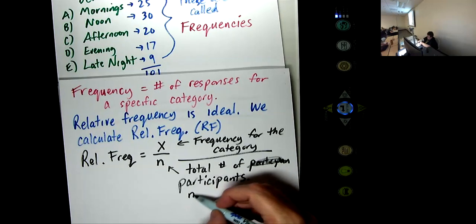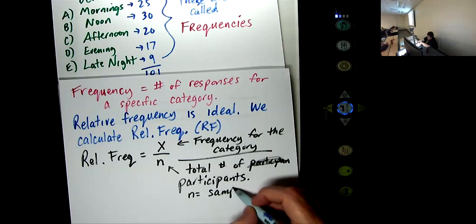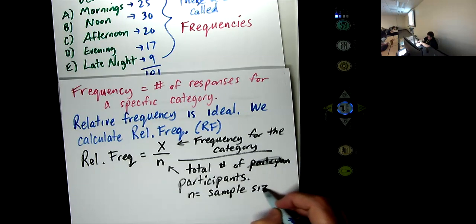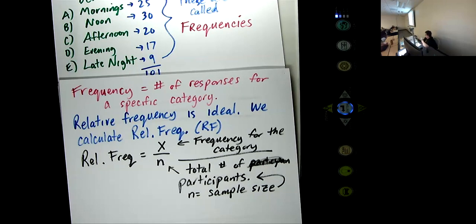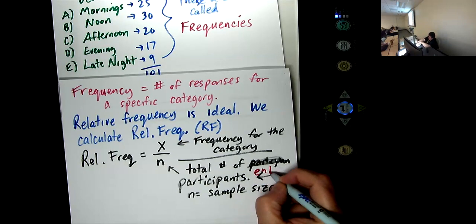N is also called the sample size. We will use lowercase n for sample size. And that's all it means. Every single time, it's the total number of participants, whether it's people that we're counting or we're tracking cars in the parking lot. I don't know how a car participates, so maybe participate isn't a good word for it. But total number of entries, that's another way of saying it.